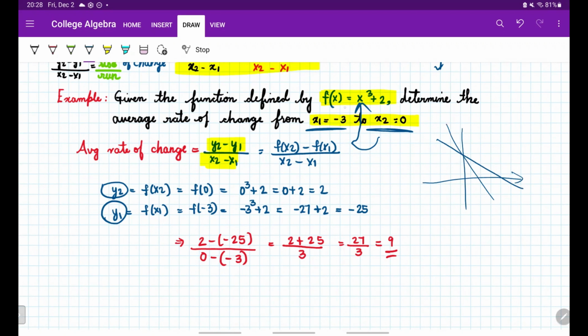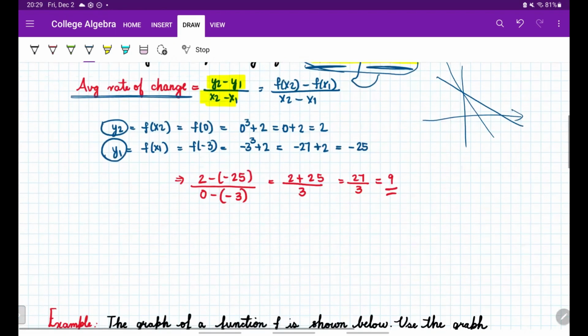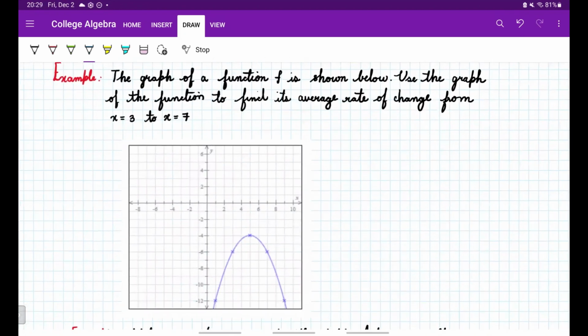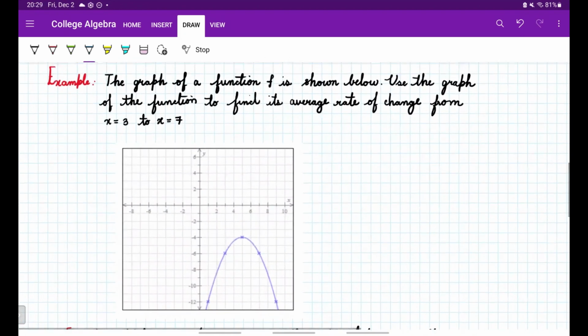But here this is a cubic equation, and one thing to make sure we understand is that the average rate of change depends on which x values you're actually looking at. So this is the average rate of change only between x1 being -3 and x2 being 0. All right. Let's move on to our next question.